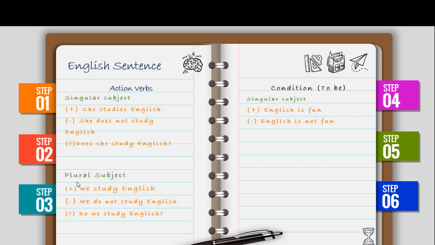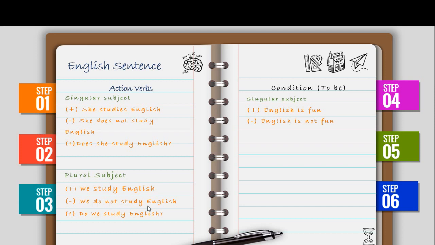And the second is a sentence with a plural subject. We study English, so the subject is plural, right? You don't need to put es or s at the end of the verb because the subject is plural. For example, we, they, or I, something like that. And when you are making a negative form, just put do not before the verb.